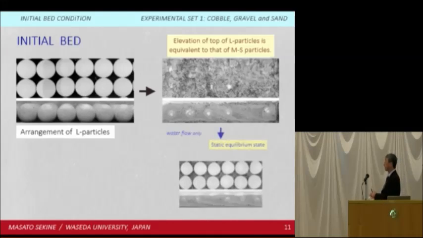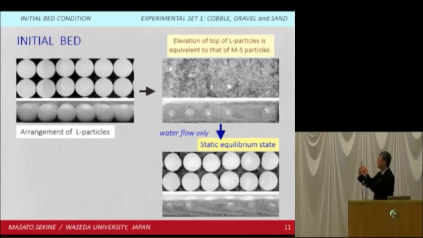On this riverbed, we set a constant discharge flow, water flow only, without any sediment supply. And after several tens of minutes, the bed would reach a static equilibrium state, something like that.